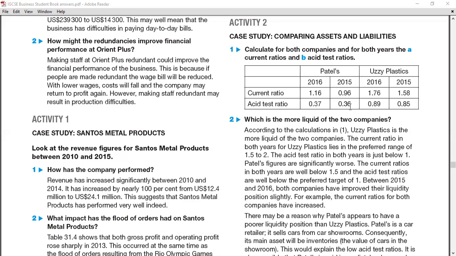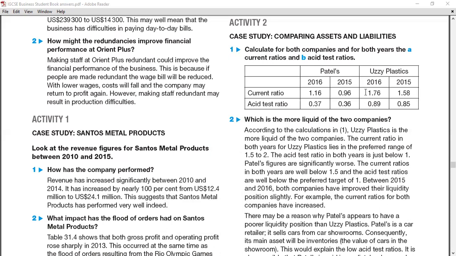It's less than 1:1 and less than 0.75, at 0.36 and 0.37. It's very bad. By looking at the numbers, we can see Patel is struggling to survive because they don't have enough assets. Whereas USI Plastic is in the comfortable zone because they have enough current assets to pay their current liabilities, and the acid test ratios say the same.